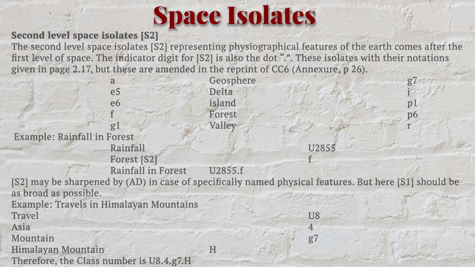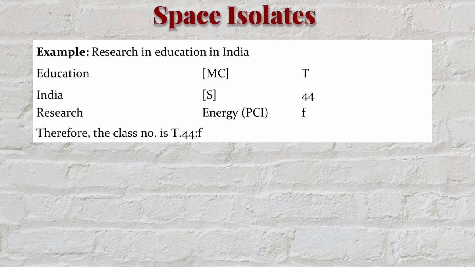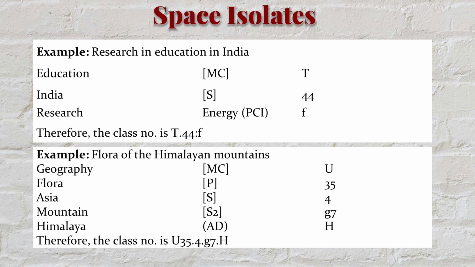Here again, we present another example for space isolate, as we see India here as the space isolate. Another example is that the isolates from this schedule may also be used as the geographical device to form the personality facet of other main classes, such as in NZ to NR, that is in the fine arts, in V history or Z law.